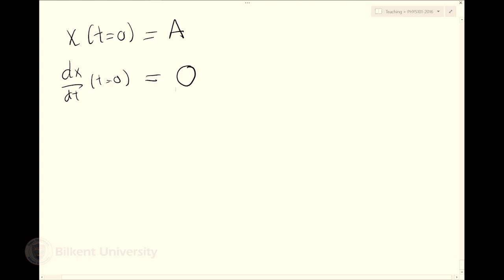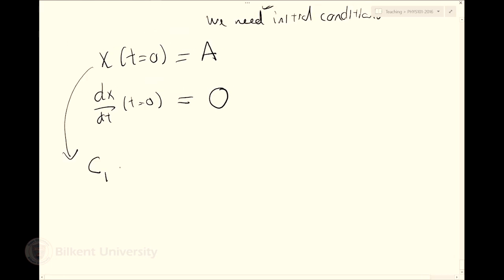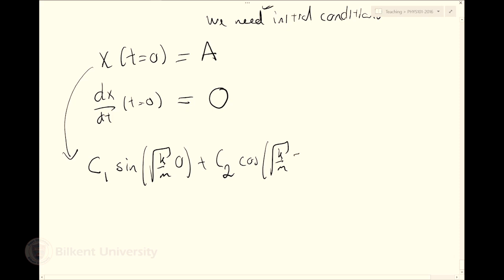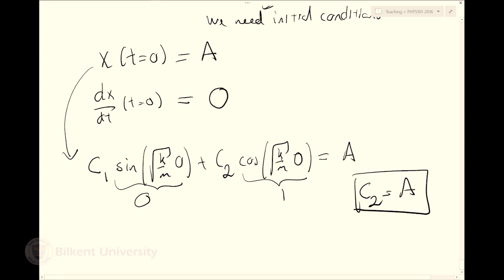So what was x? x at time t equals 0 is c1 sine square root of k over m times 0 plus c2 cosine square root of k over m times 0, which is a. What's sine 0? 0. Cosine 0? 1. So here I find c2 is a. How about the derivative?